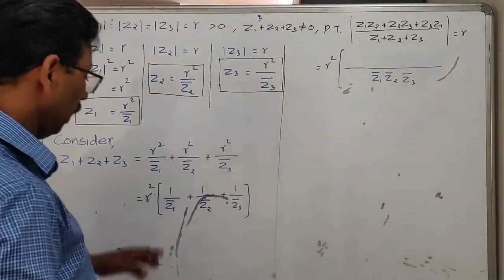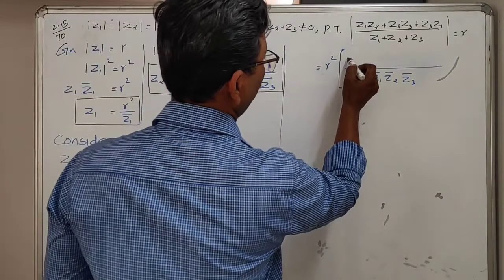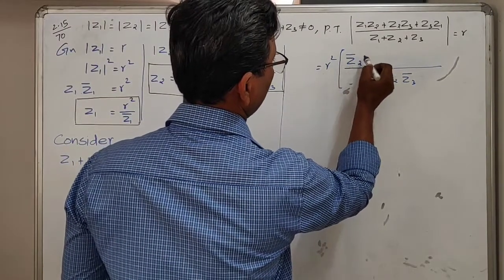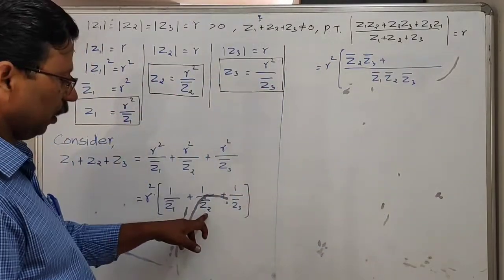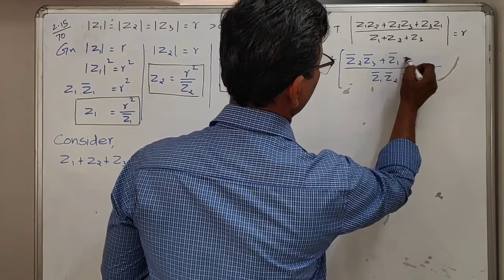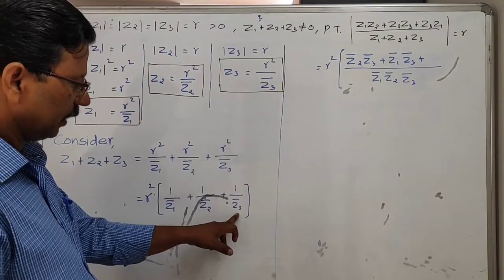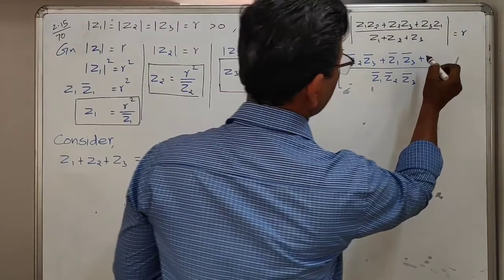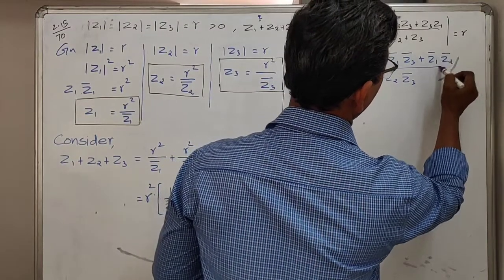Now here you have Z1 missing, Z2 and Z3. Therefore you can write Z2 bar into Z3 bar, then plus, here Z2 is there, these two are missing, therefore you can write Z1 bar into Z3 bar, then plus, here Z3 is there, these two are missing, you can write Z1 bar into Z2 bar.